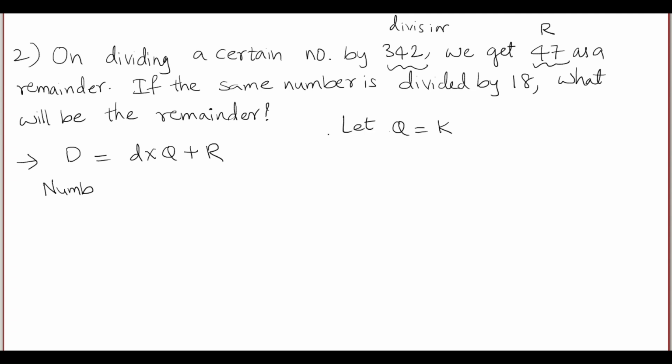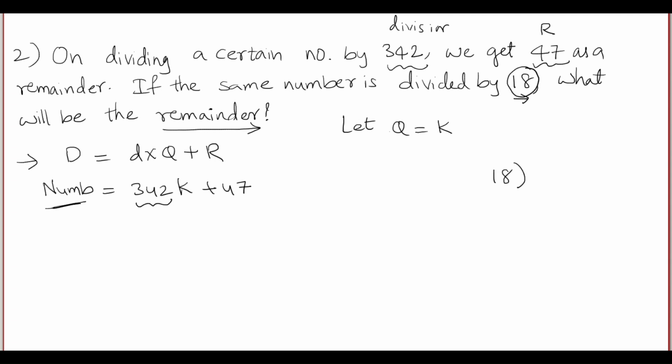Okay, so we are not bothered about what the quotient is, what the dividend is. We need to find out just the remainder. Okay. So what is the divisor given? 342 multiplied by k plus 47. Okay. And what they are asking, if the same number is divided by 18, what will be the remainder? So as the same number is divided by 18, you can write this as a multiple of 18.